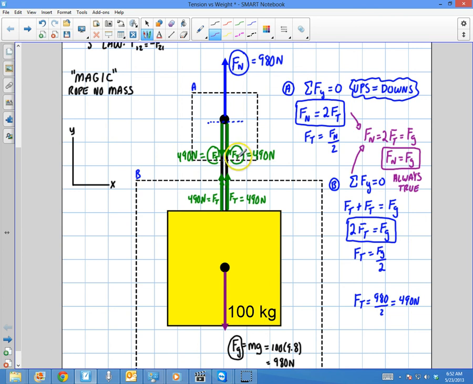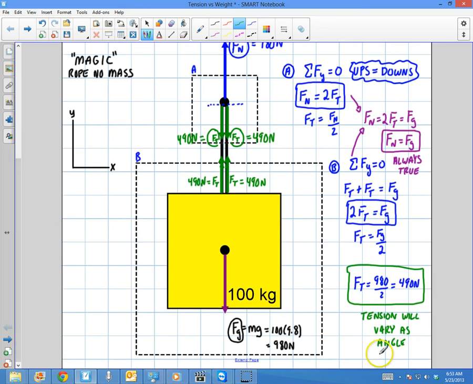But the tension down here, which we calculated as 490, we're going to learn later, the tension will vary as that angle changes. And that is important.